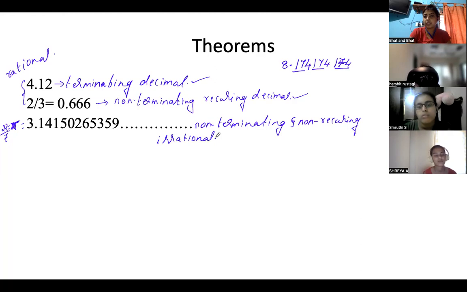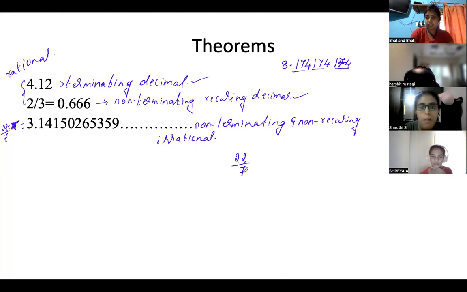Understood? What do you mean by irrational? Till now, in our lower classes, we were just telling that irrational numbers are numbers which cannot be expressed in the form of p/q, where q is not equal to 0 and p and q are co-primes. That is what we used to tell before. But if you write 22/7, you can say, ma'am, this is in the form of p/q and 22 and 7 are co-primes.